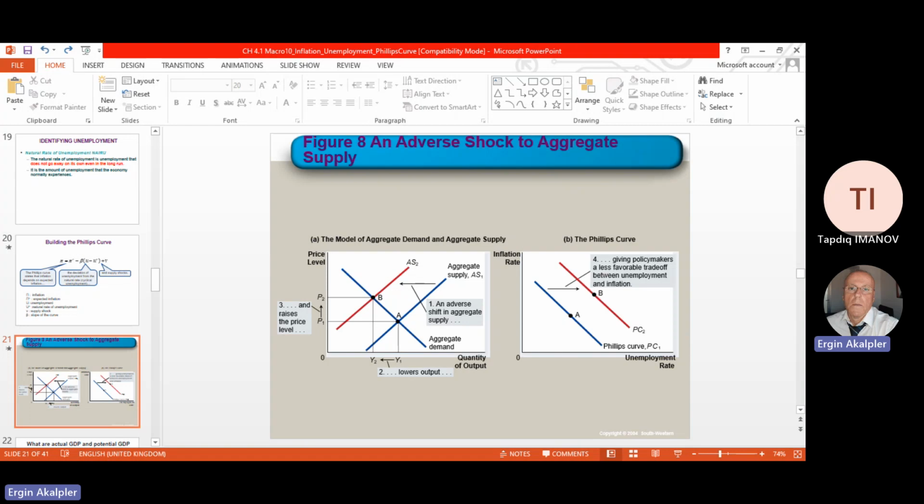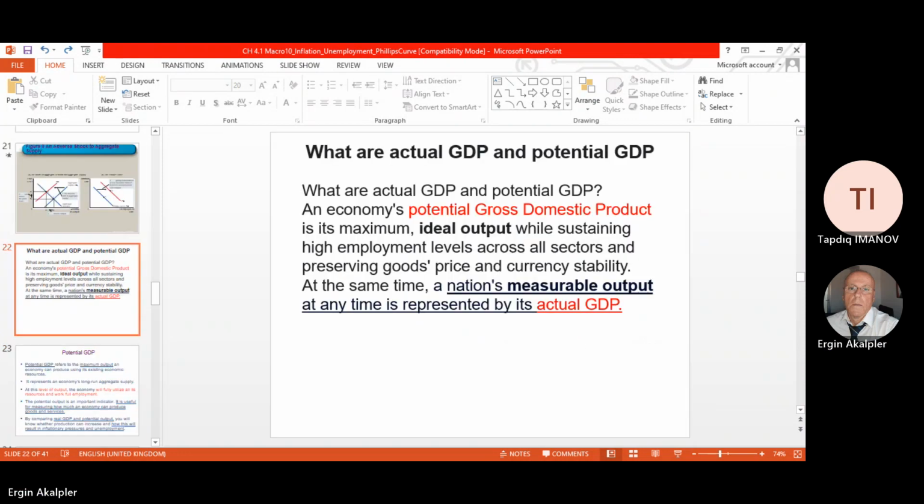This gives policymakers a less favorable trade-off between unemployment and inflation. As you see, this recessionary period and recession in the economy cause unemployment and inflation. It shifts the curve to a higher level.